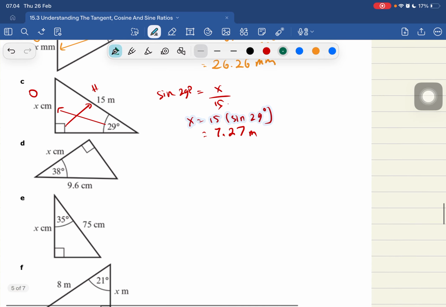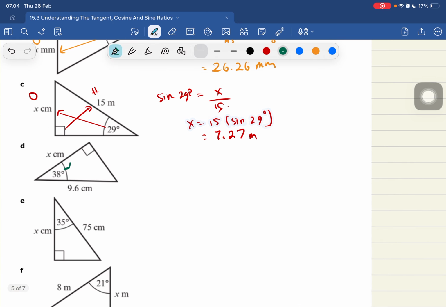Next, what information we got? We got the adjacent x, and the longest line or opposite of the right angle we call the hypotenuse. So this is cosine equals adjacent x divided by hypotenuse 9.6.